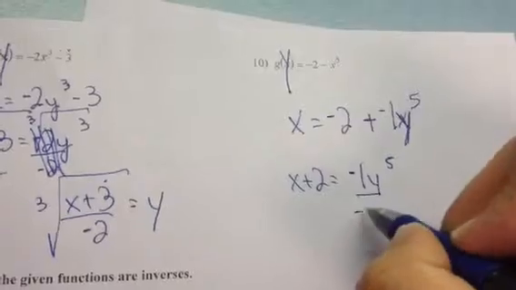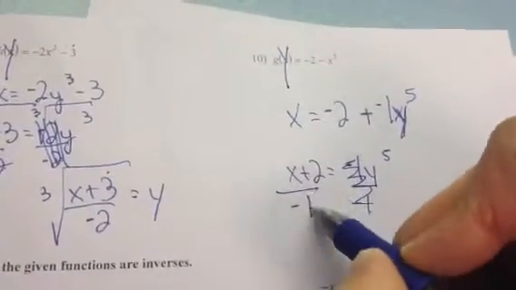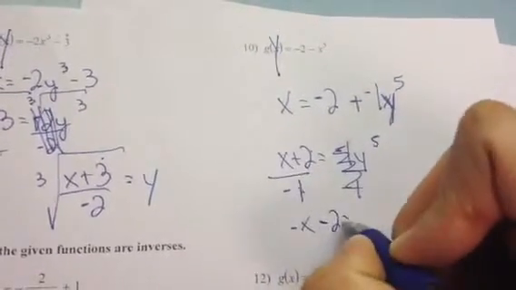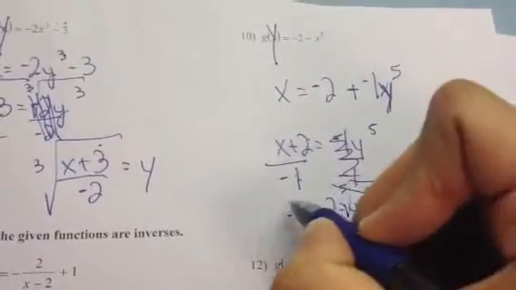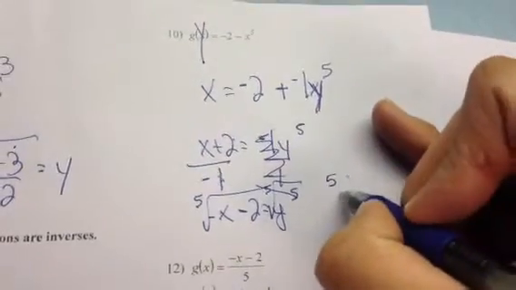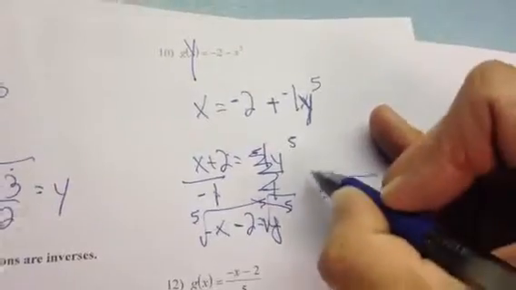Then I'm going to divide by -1. For this divided by -1, I'm just going to divide the -1 into this, and the -1 into this. And now to get rid of the 5th power, I 5th root, cancels out, 5th root. So when I'm done, I know this is messy, I will have the 5th root of -x minus 2 equals y.